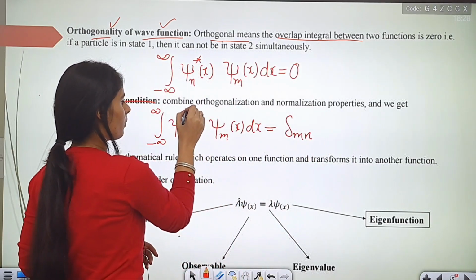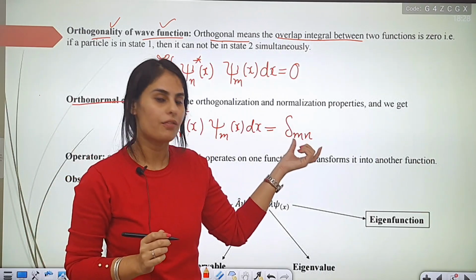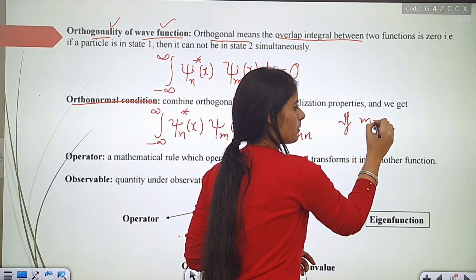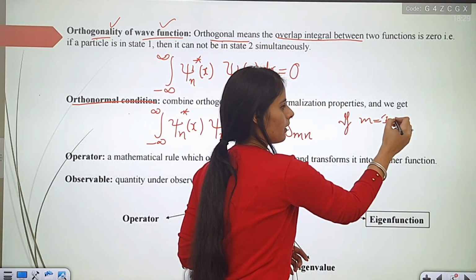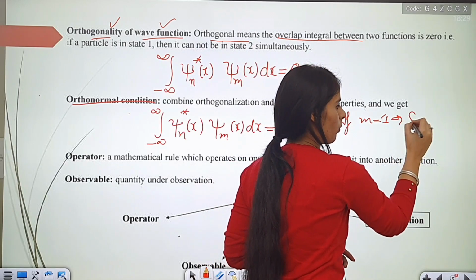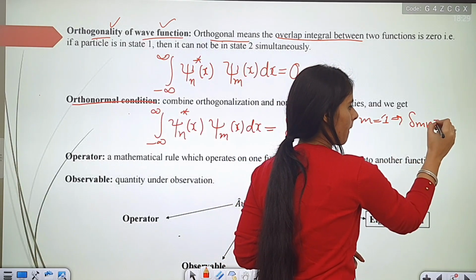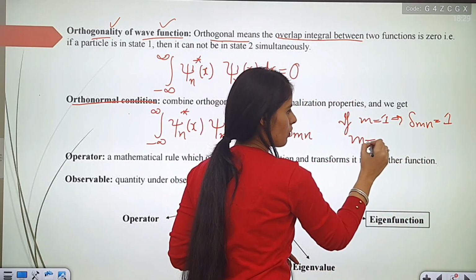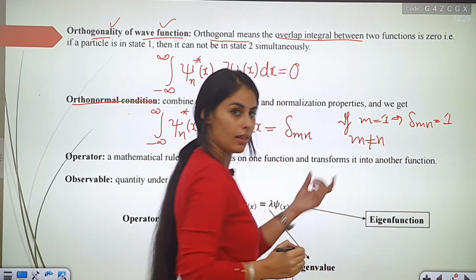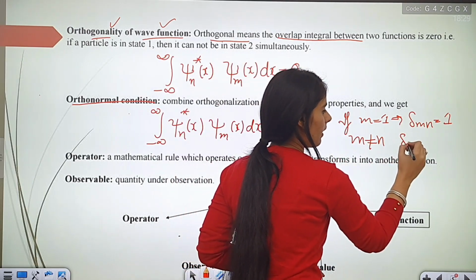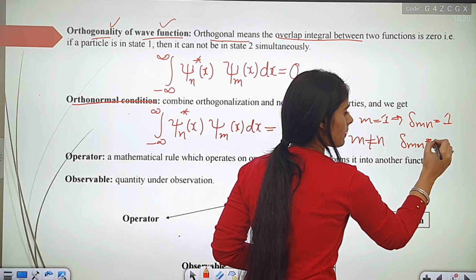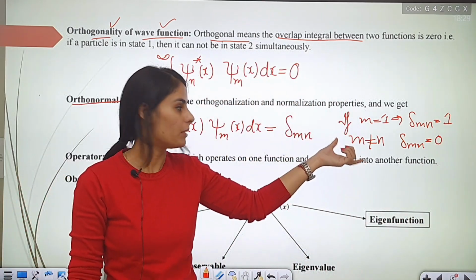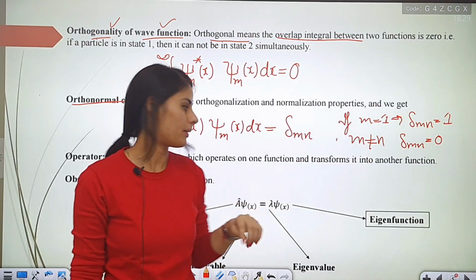As we all know the properties of the delta function, if m is equal to n, delta mn is 1, and if m is not equal to n, in that case delta mn will be 0. That means a particle cannot be in two states at one time.